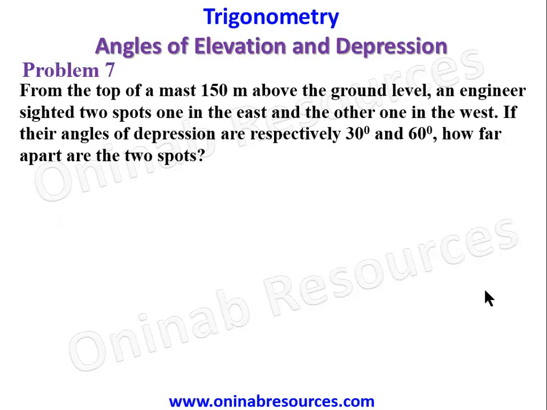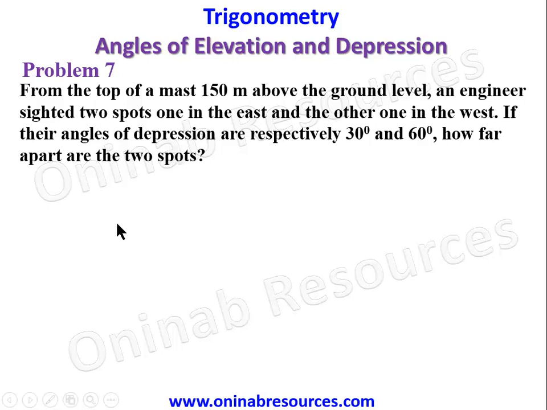For problem 7, from the top of a mast 150 meters above the ground level, an engineer sighted two spots, one in the east and the other one in the west. If their angles of depression are respectively 30 degrees and 60 degrees, how far apart are the two spots?